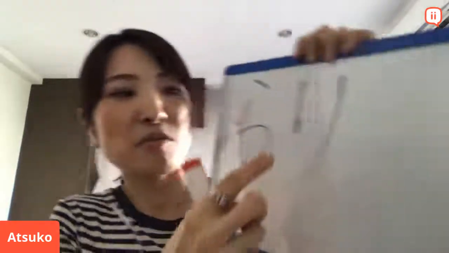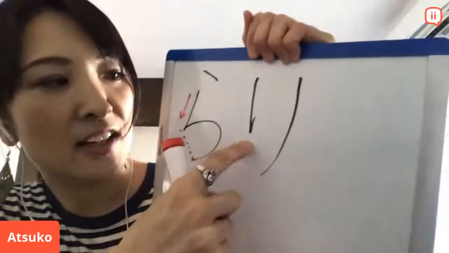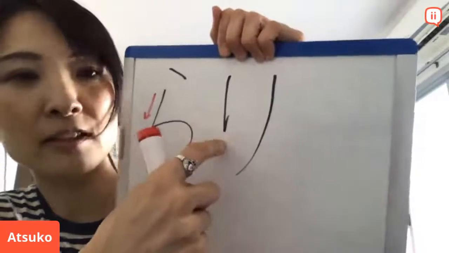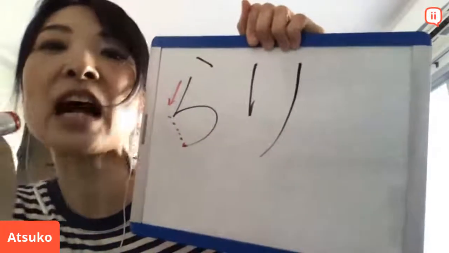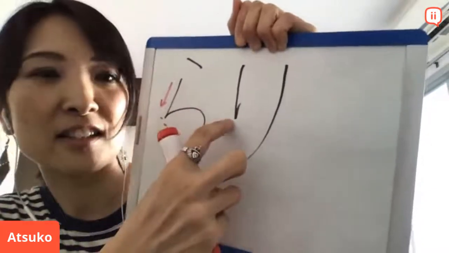Next one. The first stroke is jump. Jump. No? If this part is not jump, it's katakana. Without jump, it's katakana. Jump.